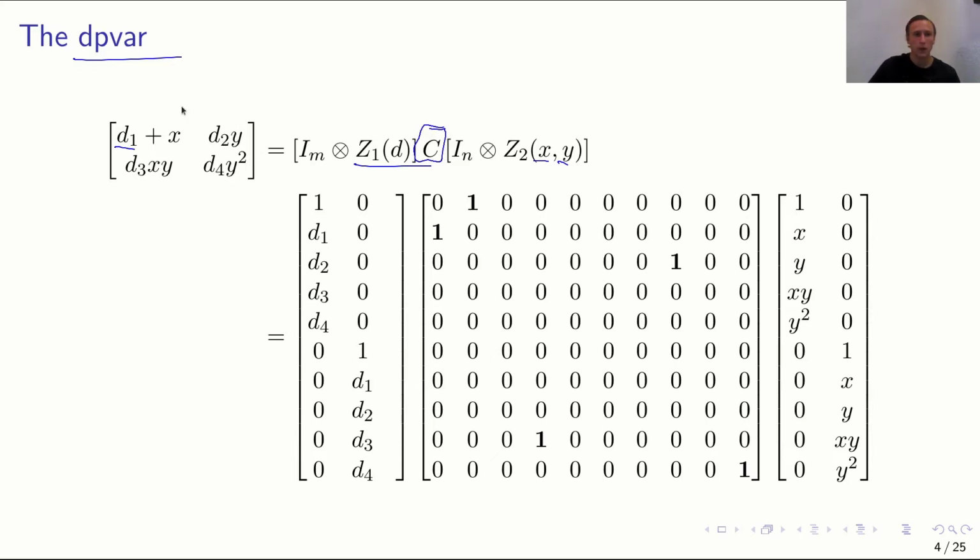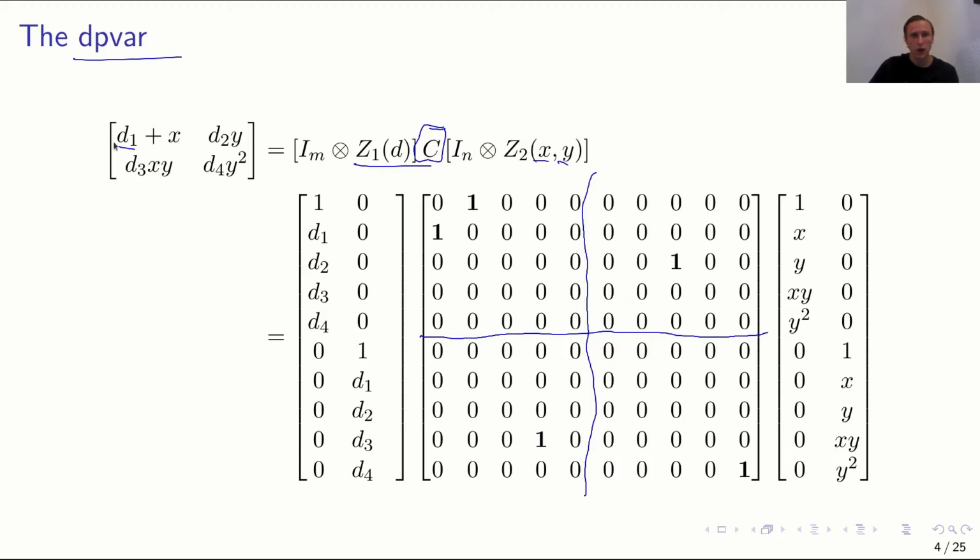So for example, for this 2 by 2 polynomial over here, this coefficient matrix C is divided into 2 by 2 blocks, where say this top left block is associated with this top left element, and similarly these other blocks are associated with the other elements.